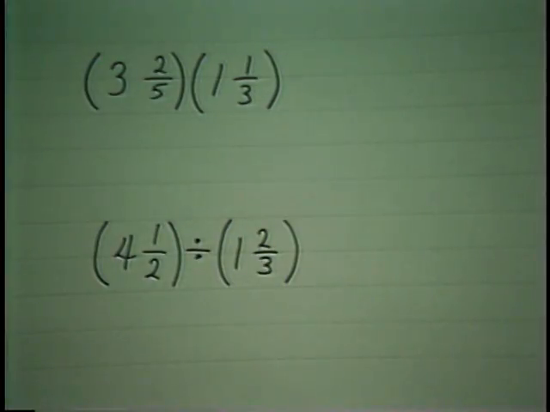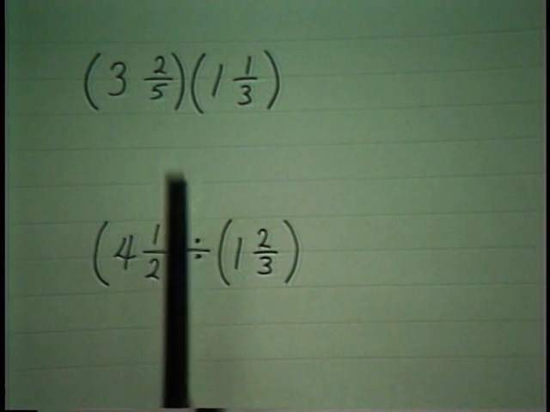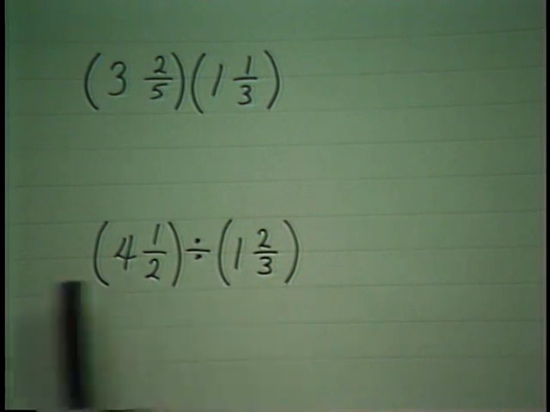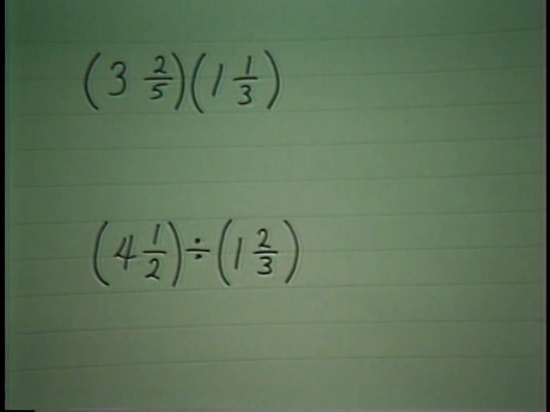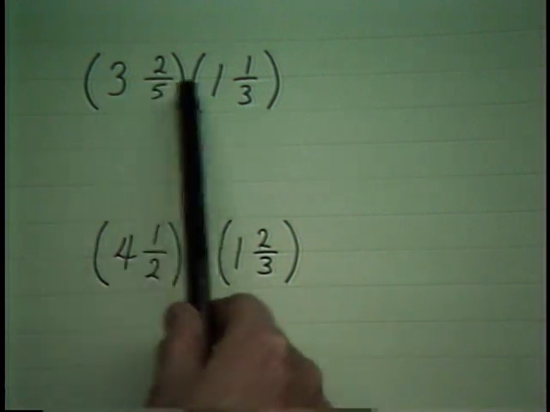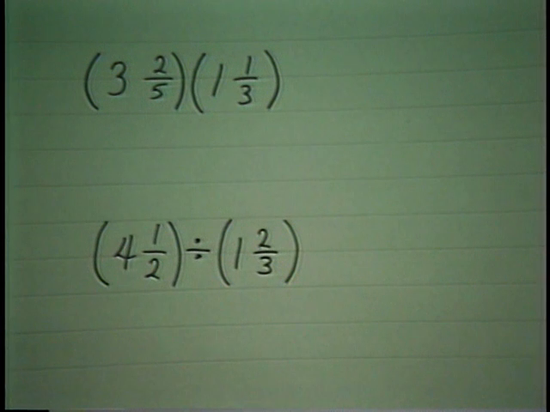This lesson about the multiplication and division of mixed numbers is almost obvious if you've done the preceding lessons. We know how to multiply and divide fractions, so how do we multiply and divide mixed numbers? Why, change the mixed numbers to fractions, of course.